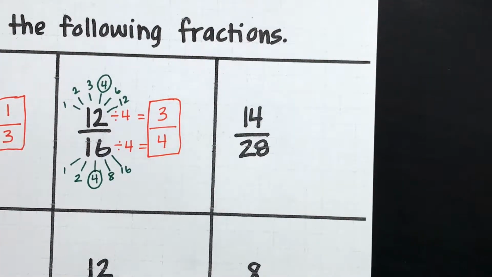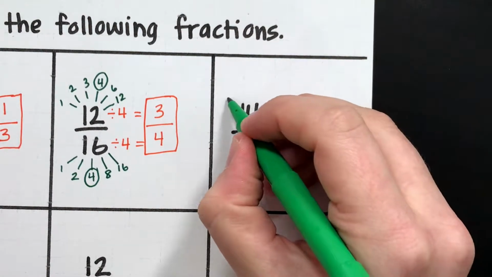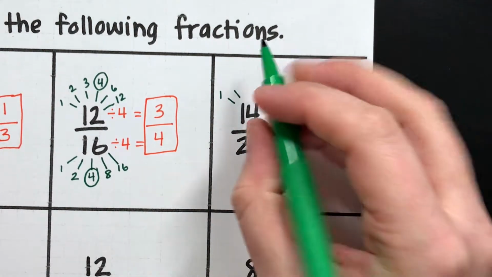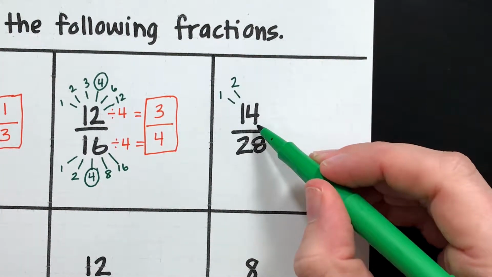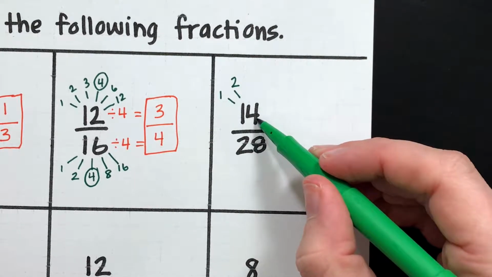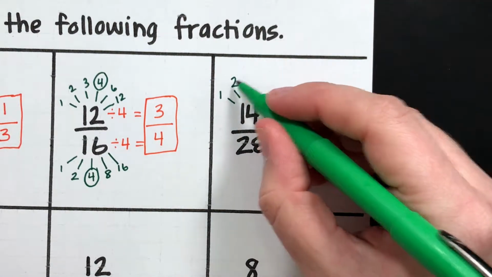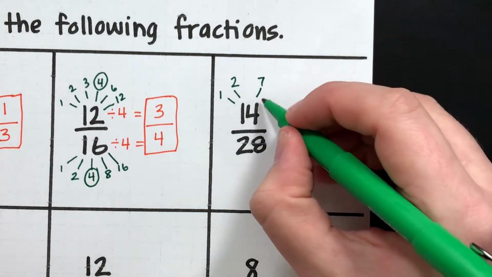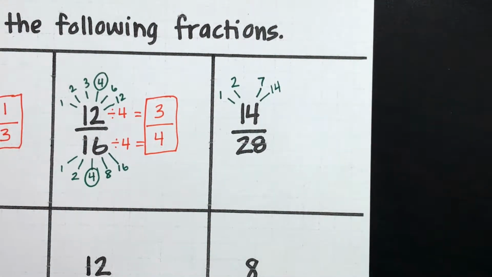All right, now we have 14 over 28. So list the factors. 1, it's even, so I know 2 is a factor. I don't think 3 times anything gives me 14. 4 times nothing gives me 14. 5, no. 6, no. So then we go from 2 to 7, because 2 times 7 gives me 14, and then 14, of course, is a factor of itself.